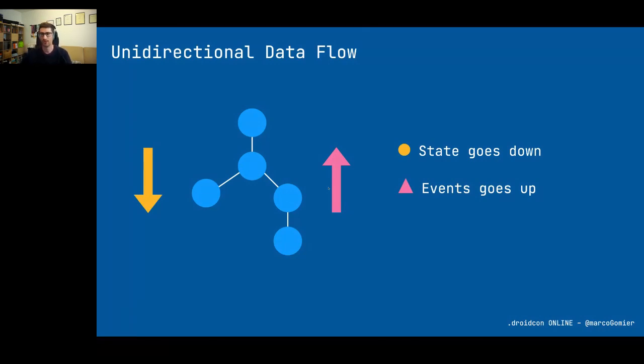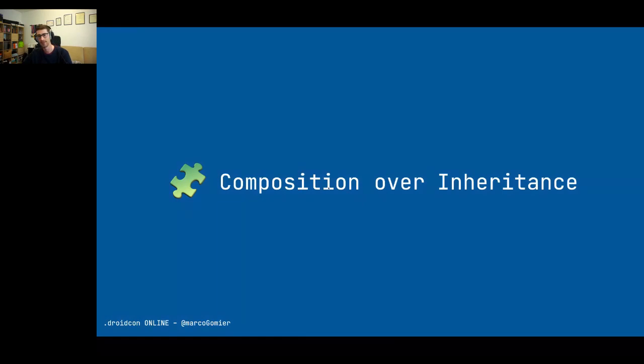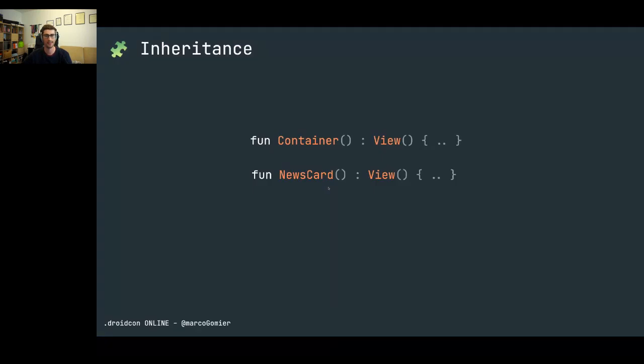All right, so another interesting thing before closing up about the declarative approach is the fact that we can use composition over inheritance. And this is very helpful if we have to build a complex UI.